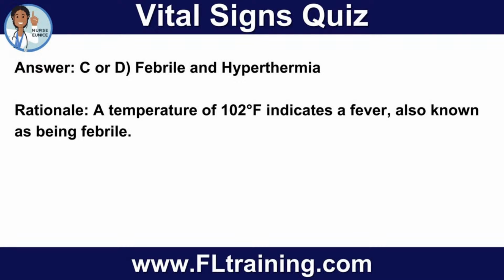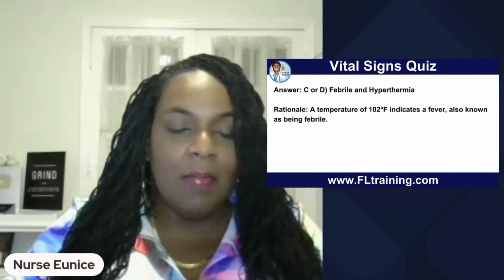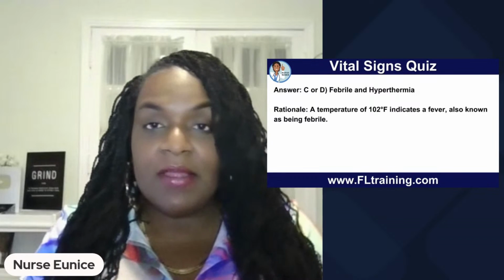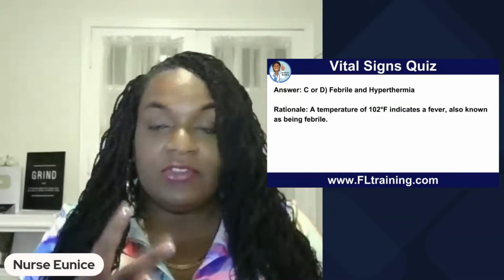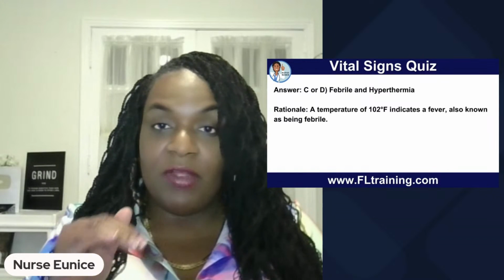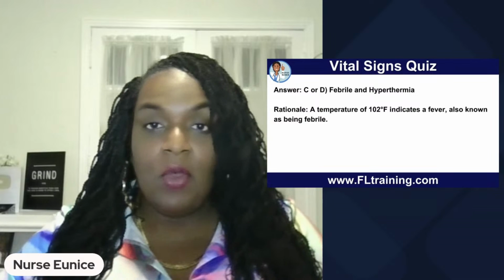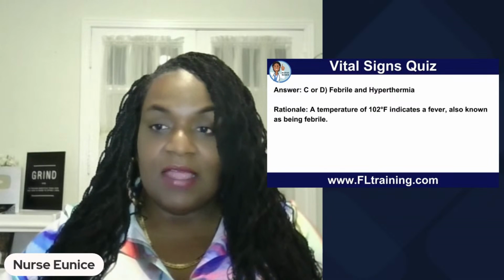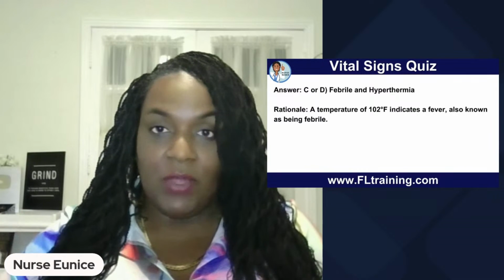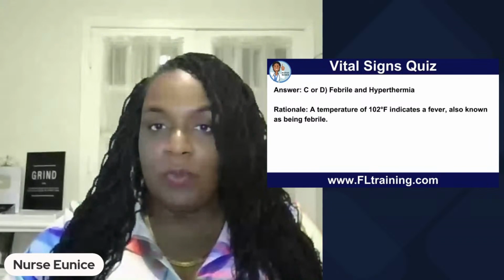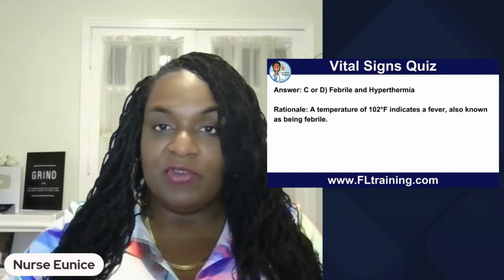So, whenever the temperature is greater than 100, and it just depends on the population. So, I do want to backtrack there because with elderly patients, a 2-degree increase above whatever their baseline temperature is, we consider that a fever because they don't usually spike fevers the way a child would. So it's going to be rare for an elderly person to have a temperature of 102.